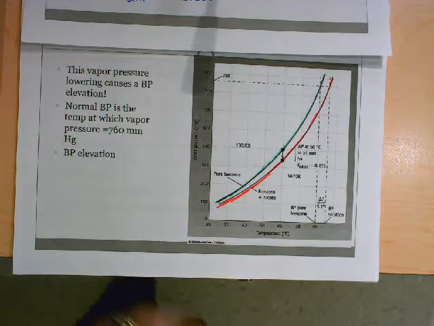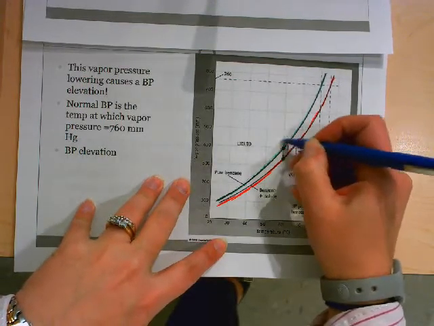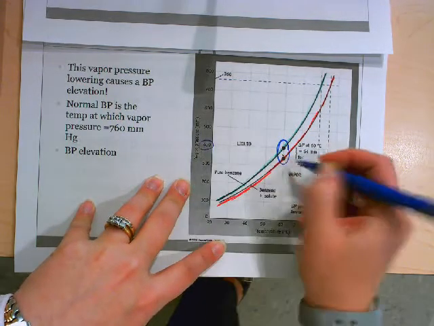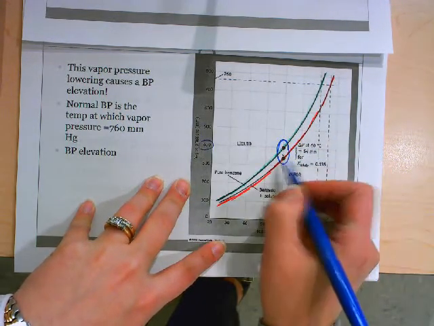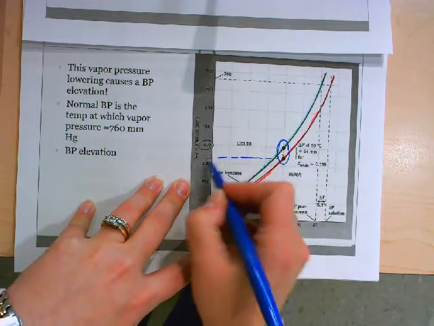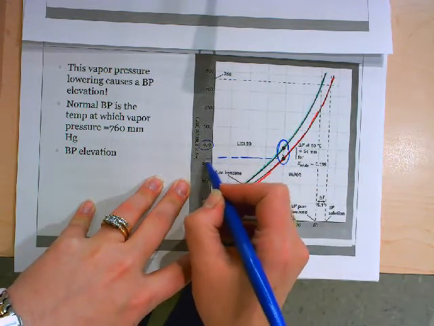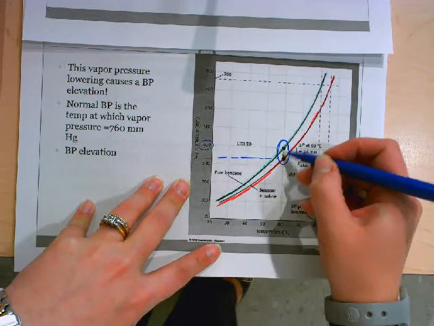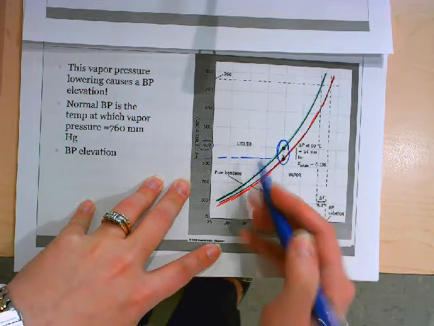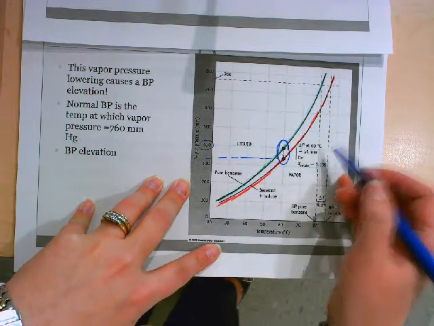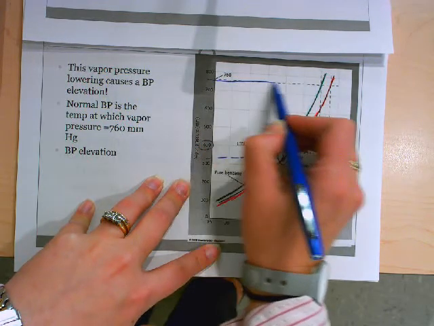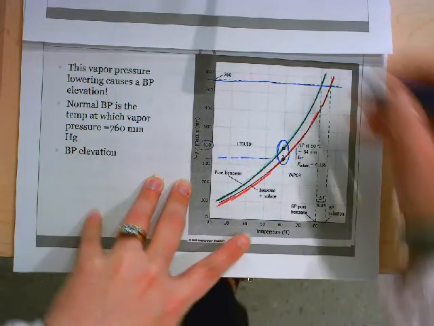So we just did this point right here. I was at pure at 400, and by adding the sugar to it, it decreased it. So now the new vapor pressure was 346 right here. So I saw a decrease in the vapor pressure. If I take that out to boiling, room atmosphere is 760 millimeters of mercury.